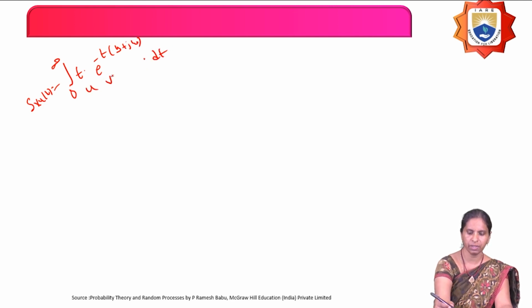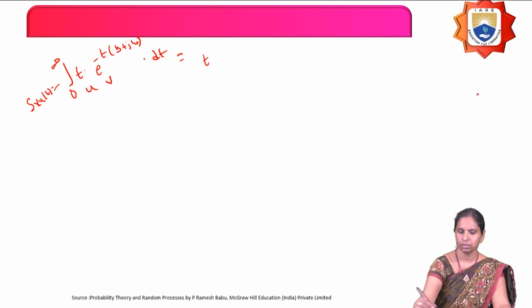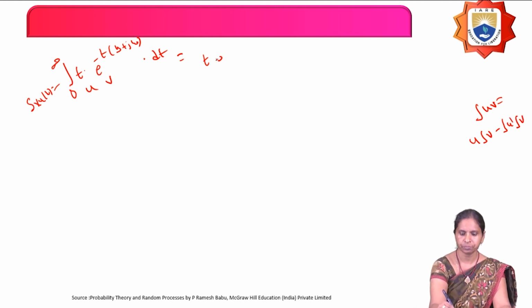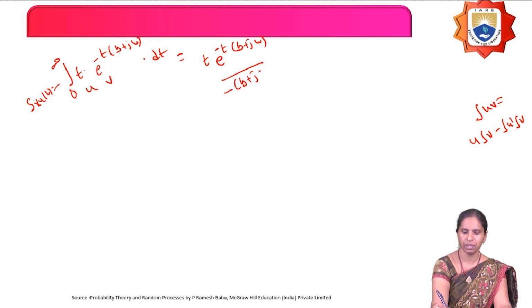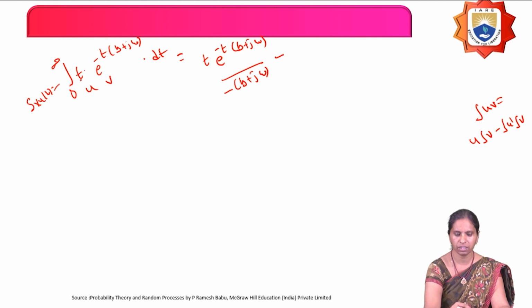This is u, this is v. Integration of uv equals u into integration of v minus u dash into integration of v. So use this formula. So t into the integration of v is e power minus t into b plus j omega by minus of b plus j omega, minus the integral, and what is the differentiation of t?